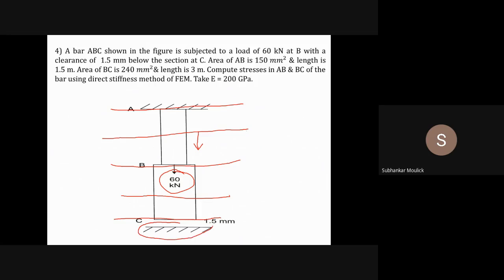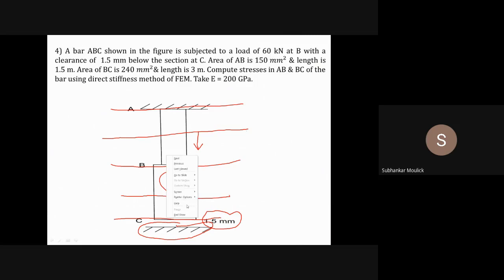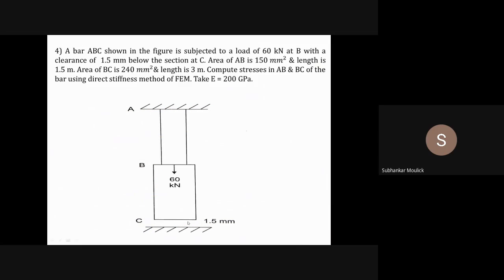F5 will be 0 because the maximum deflection of nodal point number 5 is U5, which is equal to 1.5 mm. If U5 is 1.5 mm, that means nodal point 5 is exactly touching the fixed end, and at the fixed end there will be no force.